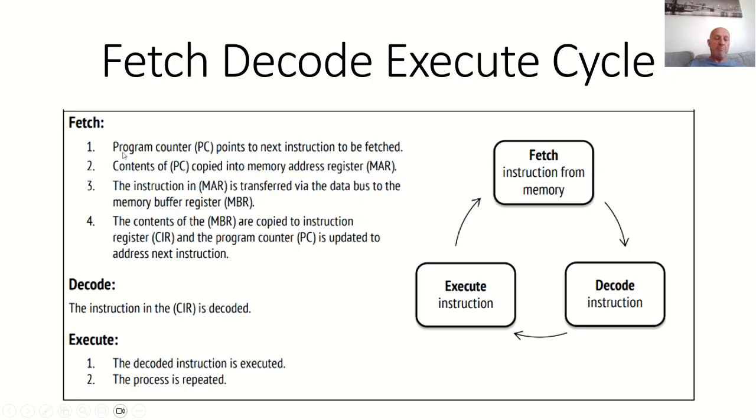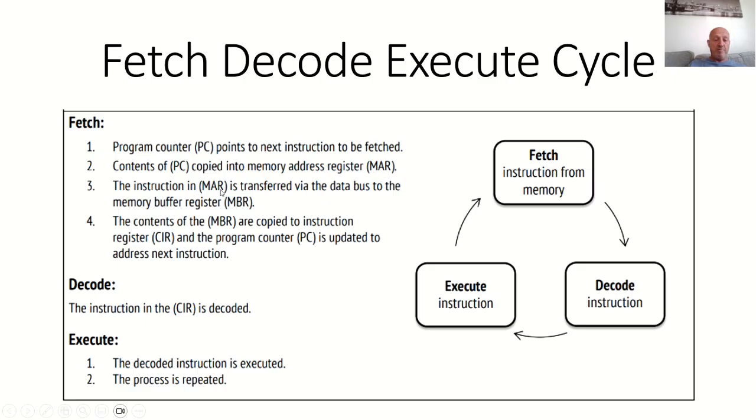So in the fetch part, the program counter points to the next instruction to be fetched from memory. So it's pointing to an address in memory where you have an instruction to be brought in. The contents of the next instruction address is copied into the memory address register.